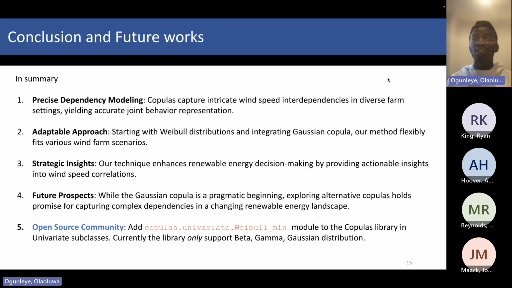However, it only supports beta, gamma, and Gaussian distributions. So essentially, I had to code up the Weibull distribution parts locally. One thing I intend to do next semester is push the code I got during this internship to open source and make it available for others to use.